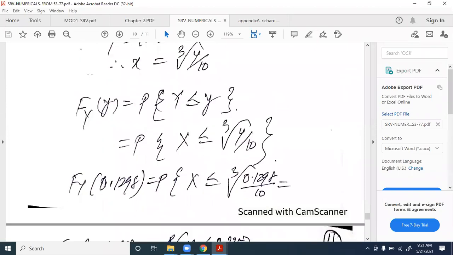We know very well that the cumulative distribution function for y, Fy(y), is equal to P of Y less than y.